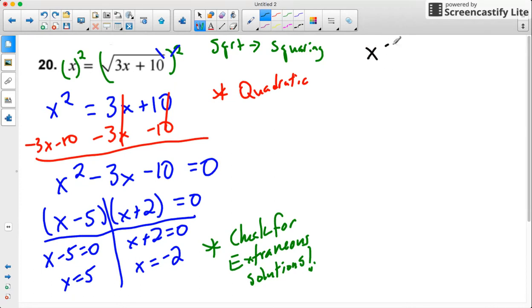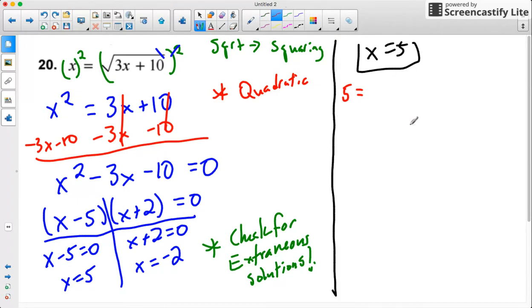Let's test first x equals 5. If we plug 5 into our original equation, we're going to have 5 equals the square root of 3 times 5 plus 10. I'm going to jump a couple steps here. 5 is going to equal the square root of 45 plus 10, and that's going to be 55.